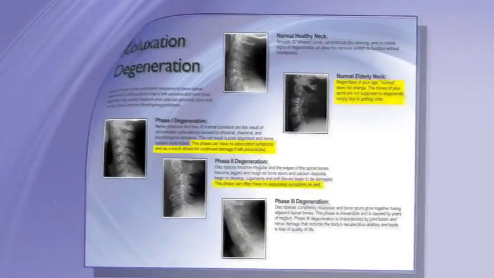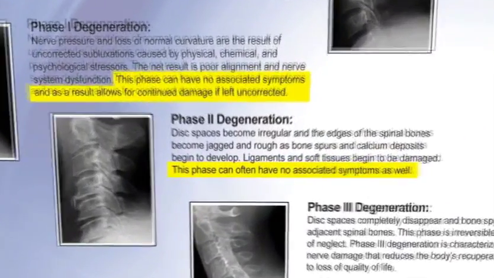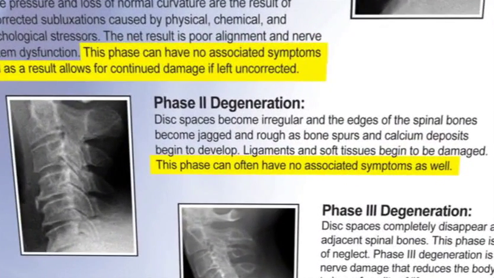If your spine is in phase 1, the damage can be reversed to normal in most cases. But what would happen if you did not get the corrective care needed to fix the problem? If you answered your health would get worse and your spine would deteriorate into phase 2, you're absolutely right. Notice on the pamphlet that phase 2 degeneration can only be slowed or stopped, but not completely reversed in most cases.